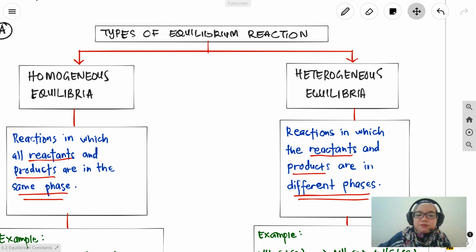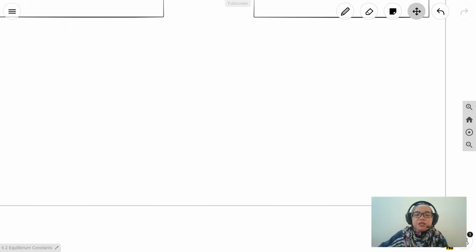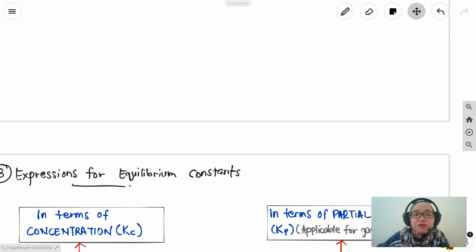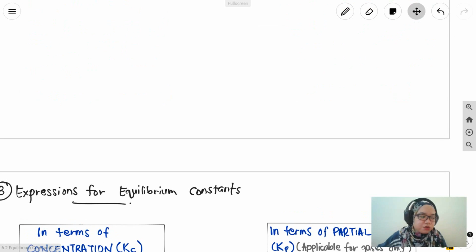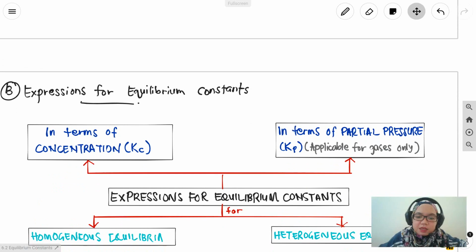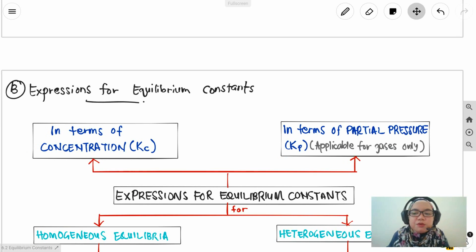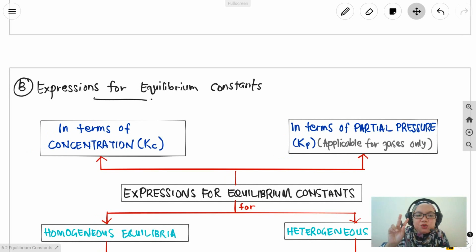Now we are going to look at the expression for equilibrium constant. Last time we looked at the general equilibrium constant, which is K equals the concentration of products over concentration of reactants, and so on. Today we are going to look at the types of equilibrium constant. Basically, the expression for equilibrium constants can be divided into two.